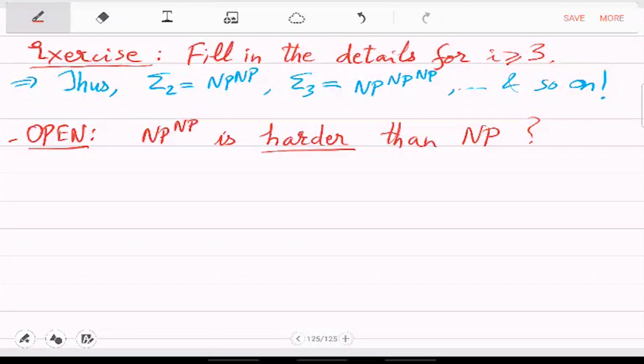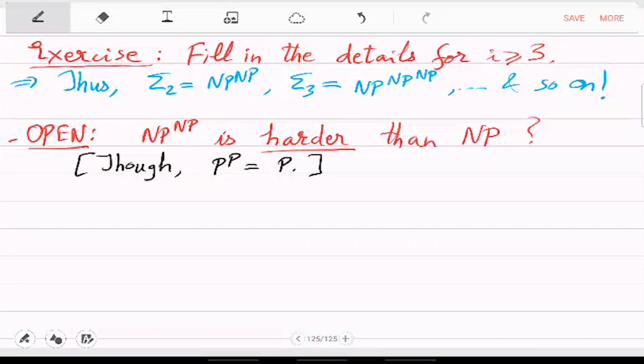Okay, though P raised to P is P. So P raised to P you can show easily is P.